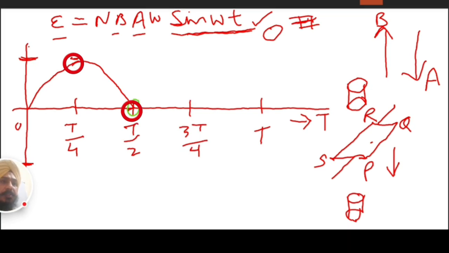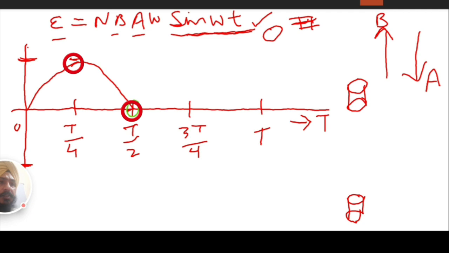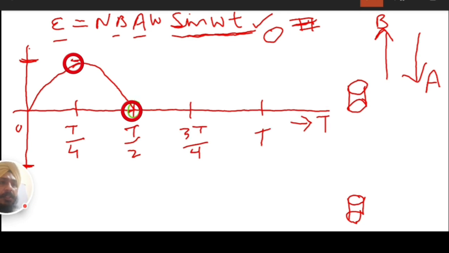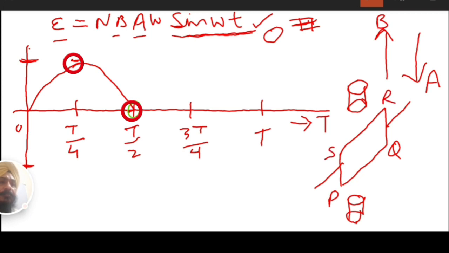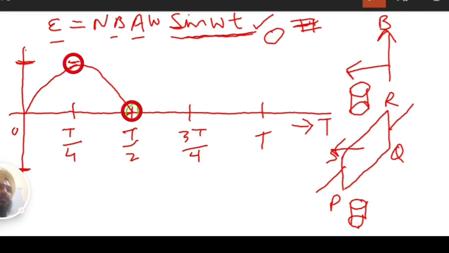Now coming to the next position, the orientation of the coil again becomes like this. P point comes downwards, Q, R and S. Area vector is towards the left side, and the magnetic field is perpendicular to the area vector.